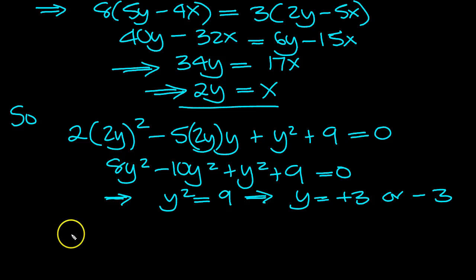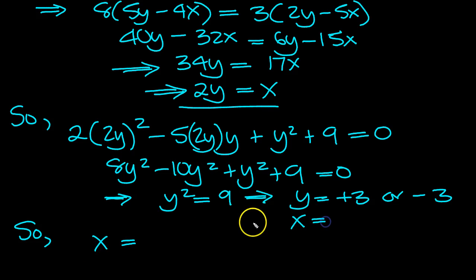And so x is equal to, 2y is x, so x equals 2y. 2 of these is 6, or minus 6.